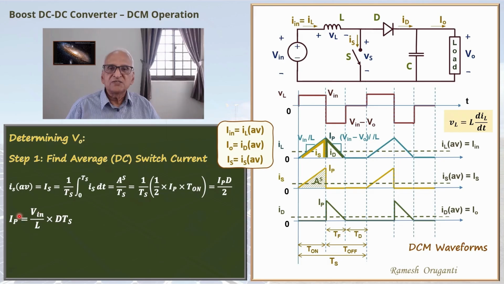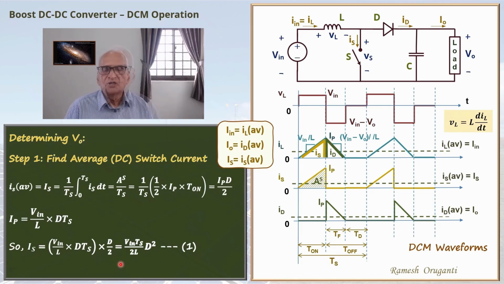IS, the DC switch current, will be V in by L times DTS times D by 2, and that will be V in TS by 2L D squared. That is equation number 1. We assume we know the input voltage, the switching frequency, the inductance value, and the duty cycle, and we can determine the DC switch current.